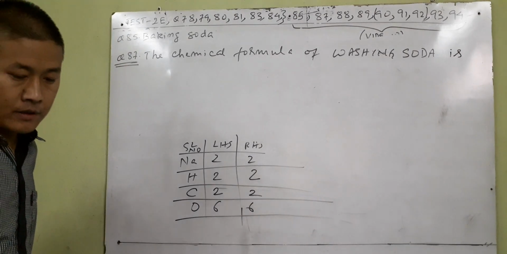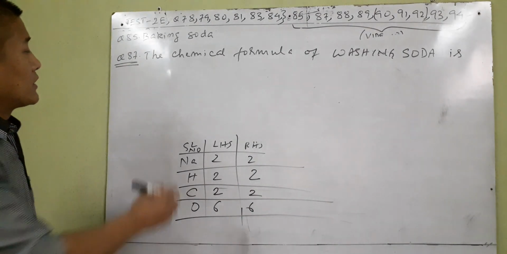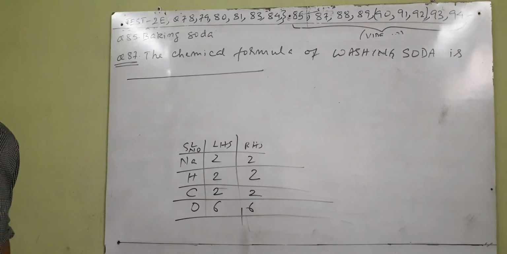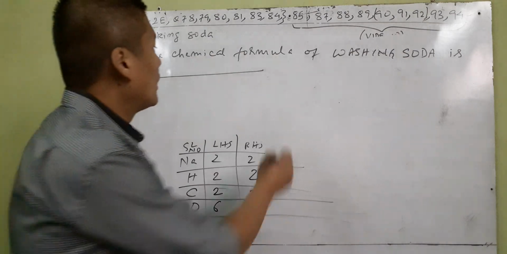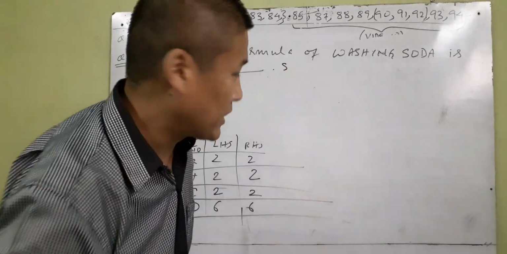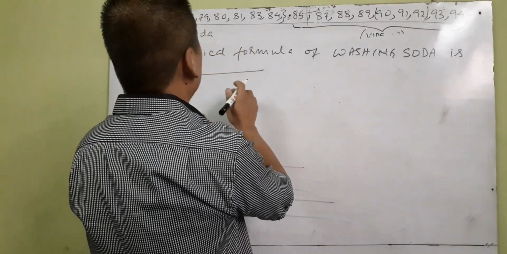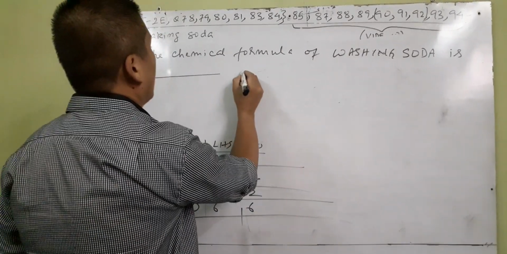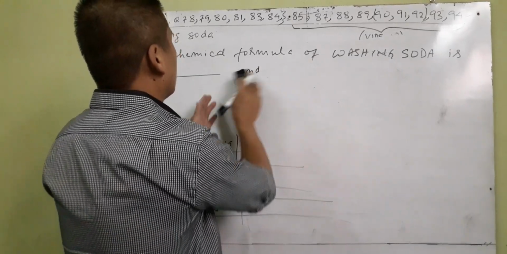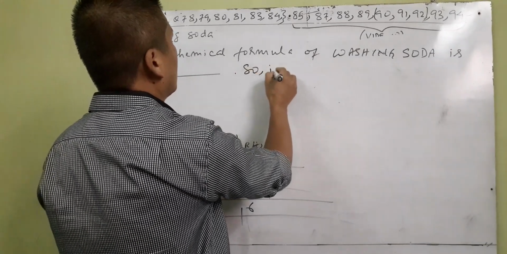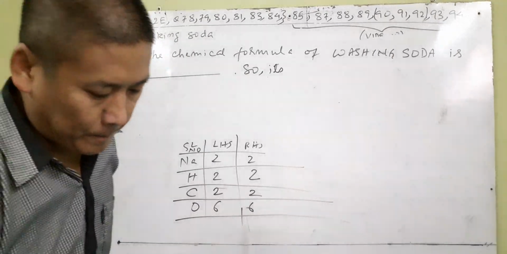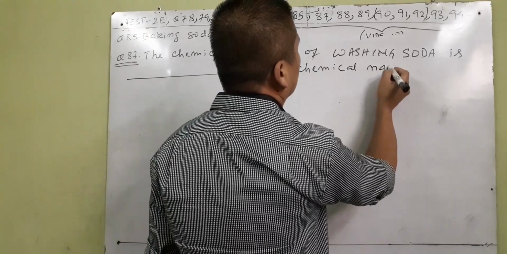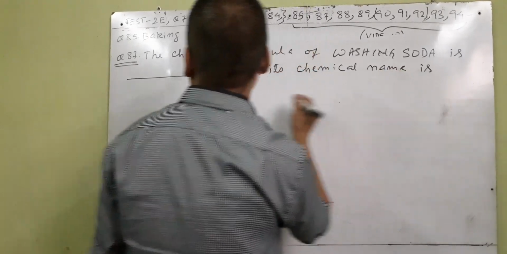in laundry. The chemical formula of washing soda is, let us put a blank, okay? You should note it's not blank, but you can make a blank on your note. So, let us make it longer. The chemical formula of washing soda is this one. And its chemical name, this is just to learn to write the name and the formula.